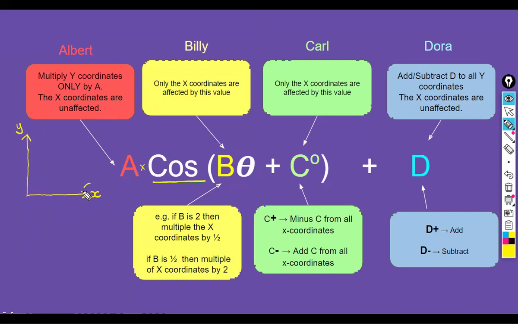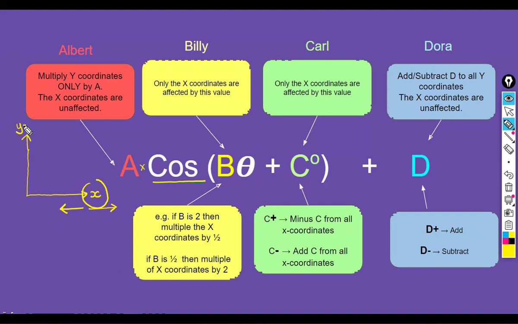So anything associated with the x will change the graph horizontally. It can either move the entire graph to the left, or to the right. The point is, anything dealing with x affects the horizontal orientation of the graph.